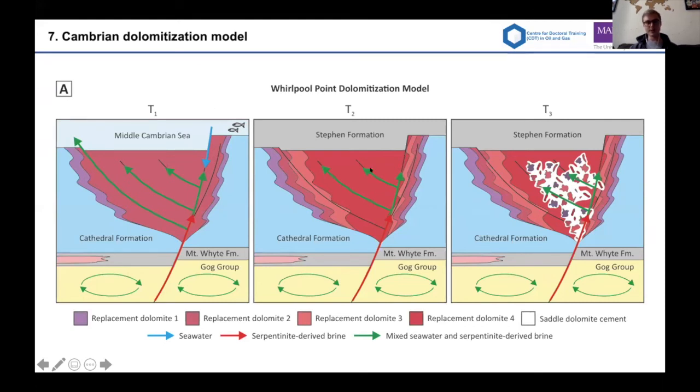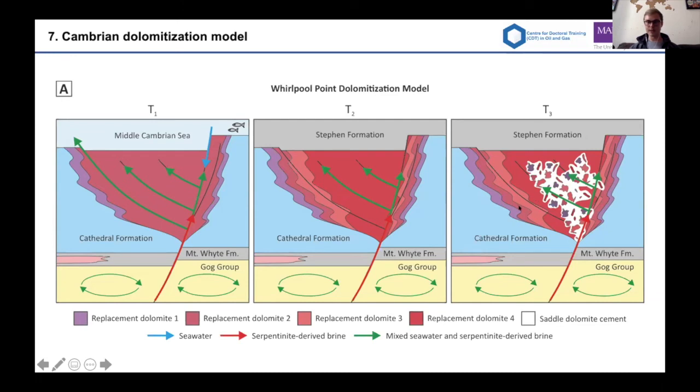So we've interpreted that to suggest that there's been a shutdown in the supply of the seawater, and this is interpreted to reflect deposition of the overlying Stephen Formation shale, which effectively blocked the fault off. And then finally, in the final stages, what we have is the formation of saddle dolomite cemented breccias, which is kind of like the last gasp of the system.